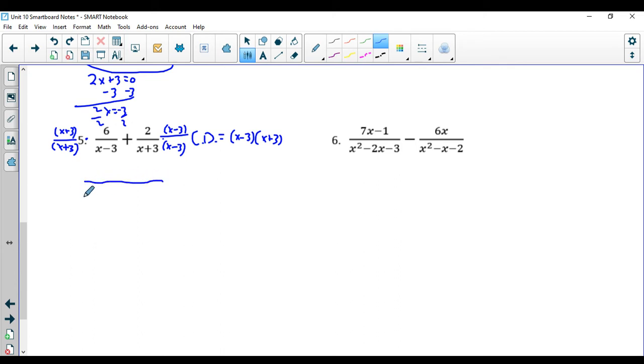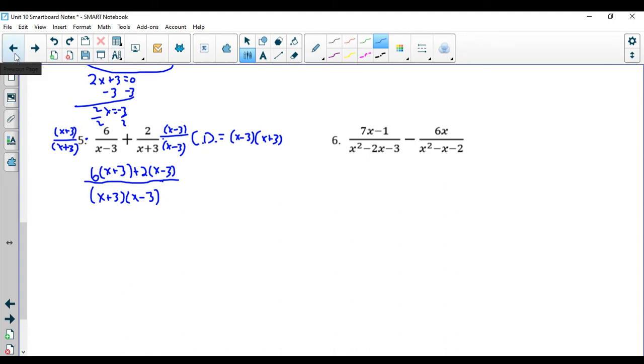Once we have that, we make our common denominator and put that on the bottom. And so I'd have 6 times x plus 3 plus 2 times x minus 3.